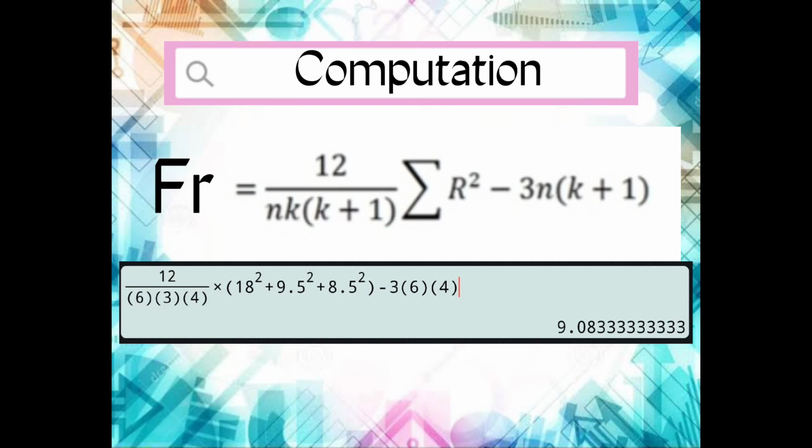So first is the 18, then squared, plus 9.5 squared, then plus 8.5 squared, then close parenthesis minus 3. That is a constant number again, and n is 6. And open parenthesis k plus 1 is equals to 4. So the total, or the answer, is 9.08.